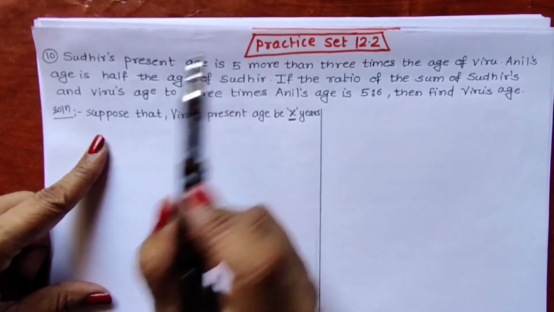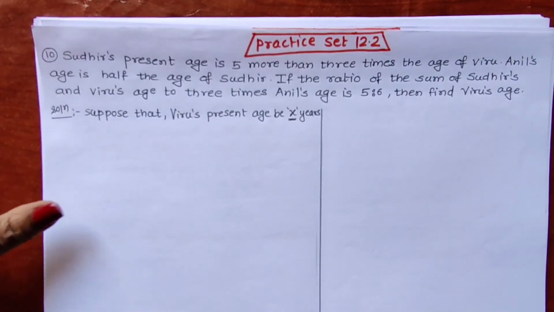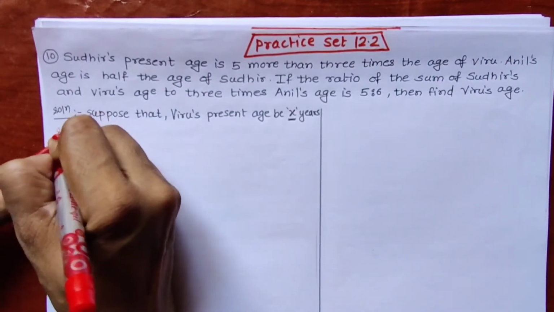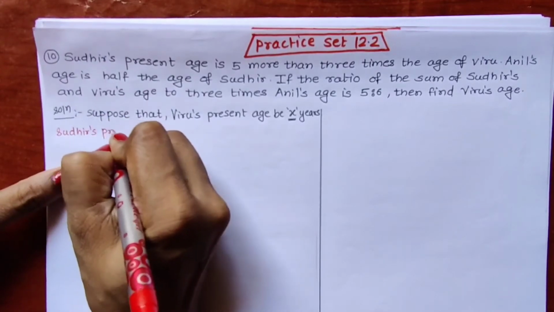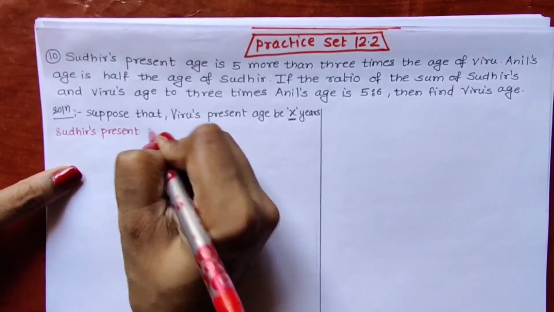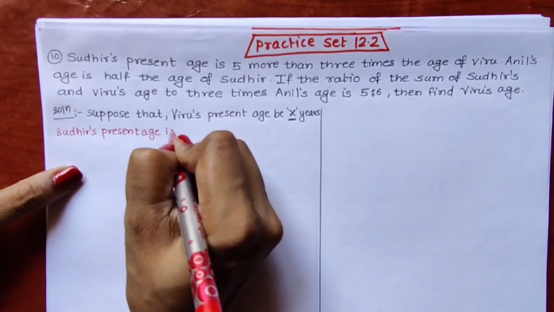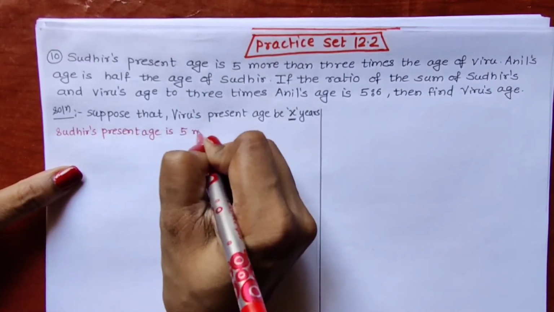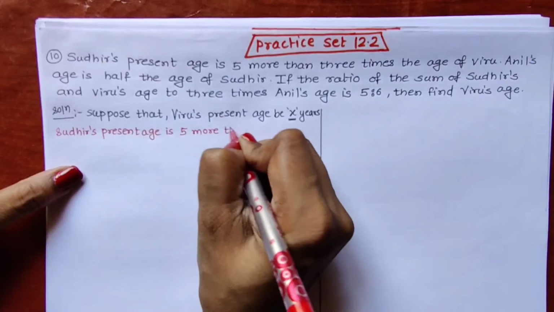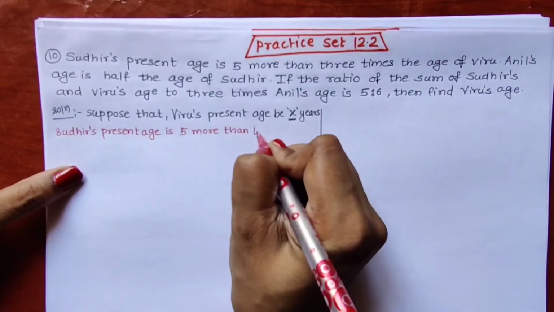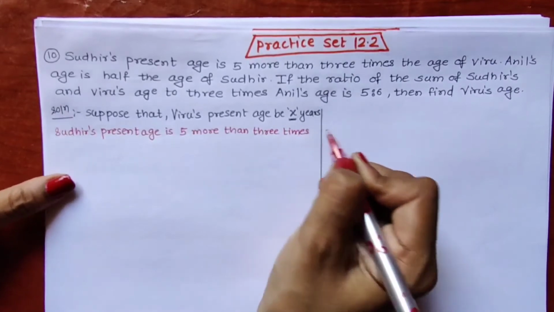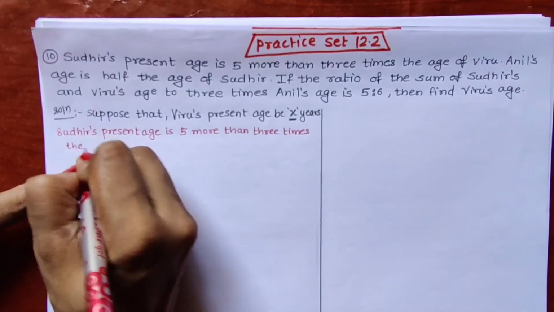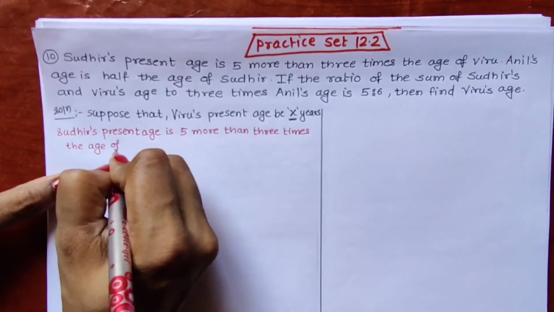Now Sudhir's present age is 5 more. So I will be writing here Sudhir's present age is 5 more than 3 times the age of Viru.